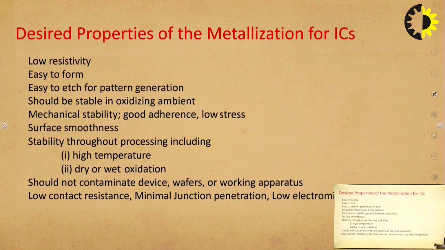Now let us see the desired properties of metallization for ICs. Low resistivity. The resistivity should be low. Easy to form. The metal layer that we have to put on an IC, it should be easy to form a layer of metal. Second, it should be easy to etch for pattern generation, because at the undesired areas where we don't need metal, we need to remove it or etch it.